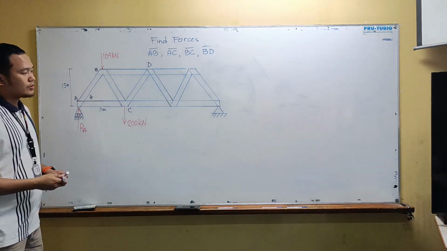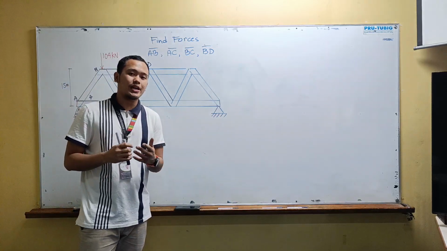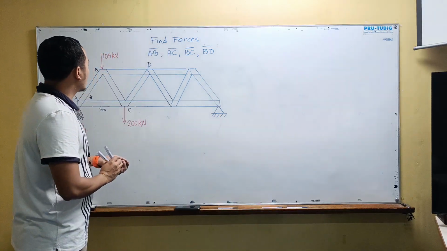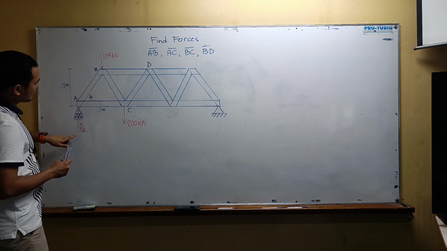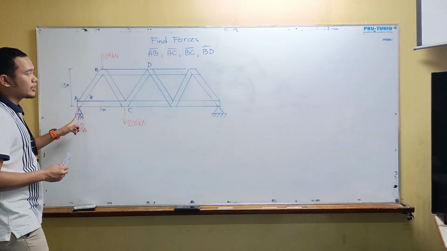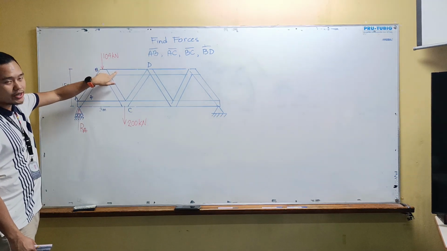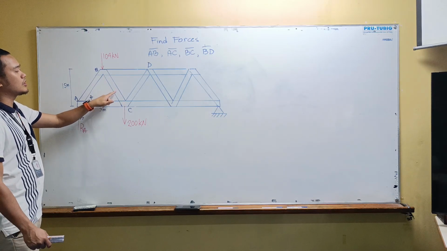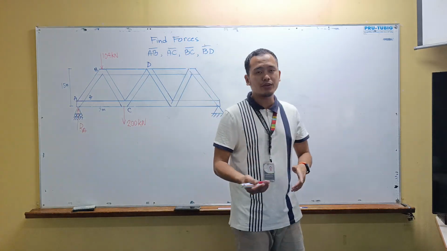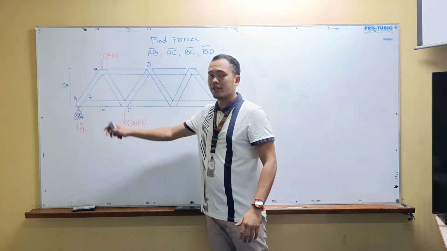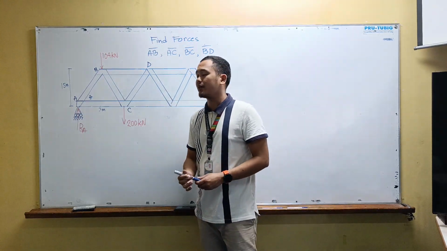Because for method of joints, we should only have two unknowns at a time. The only way to solve for two unknowns at a time is to get reaction A, because we cannot start at B because there will be 1, 2, 3 unknowns, and for C that's 1, 2, 3, 4 unknowns. So we can't do method of joints there. But we will eventually get there once we solve each member bit by bit.